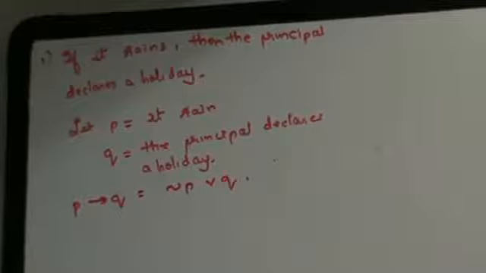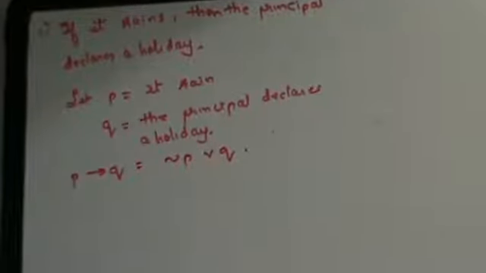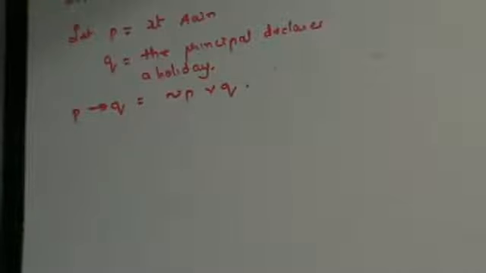Right, what will be the statement without if-then here? So P is a quadrilateral and Q is, it is not a square. So in that case, the answer will be it is not a quadrilateral or it is not a square.